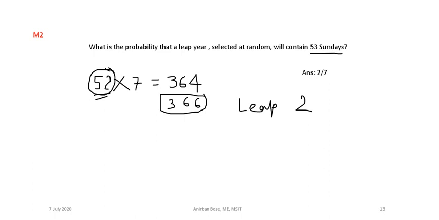Now in these last 2 days, if one of them is a Sunday, then it will become 53 Sundays, right?